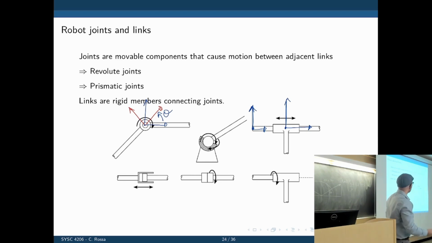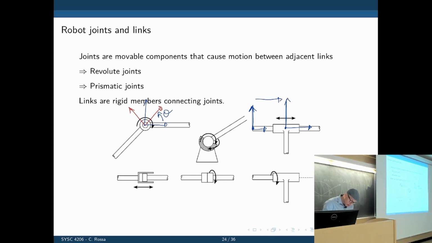The rotation matrix, what's the rotation matrix between them? It's a diagonal matrix, isn't it? Because all the axes are still aligned. There is no rotation between them. So the rotation matrix is simply a diagonal matrix.